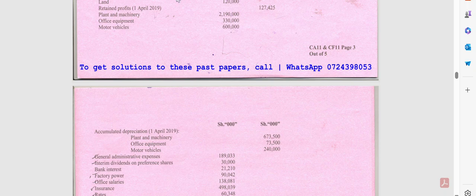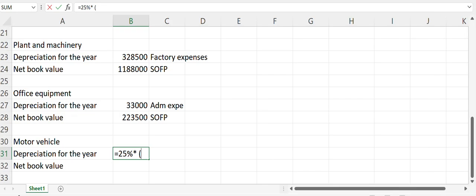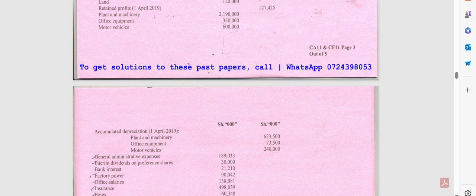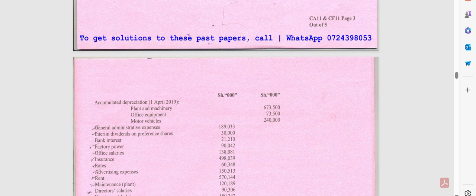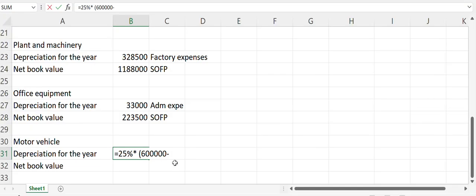So the cost is 600,000 minus the depreciation for the year is 240,000. 240,000. So we get what?